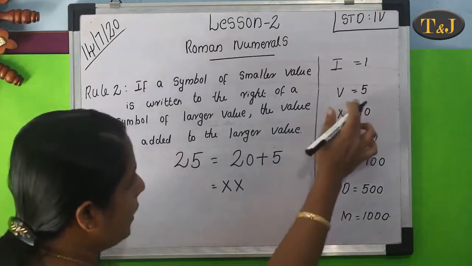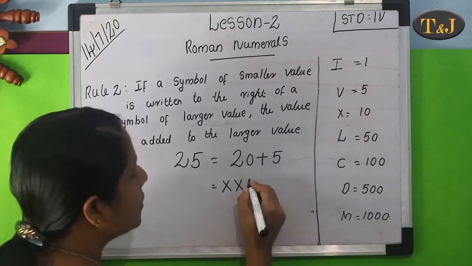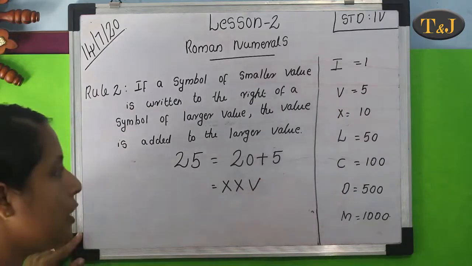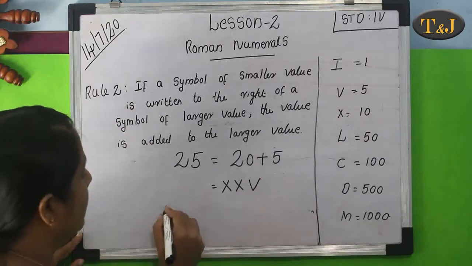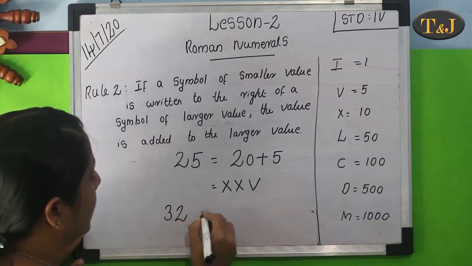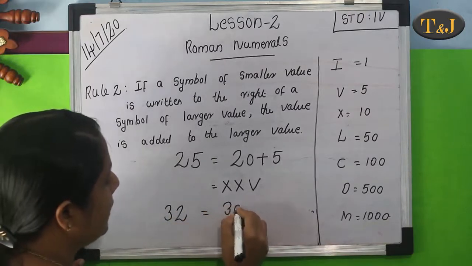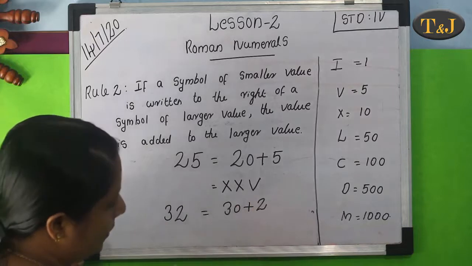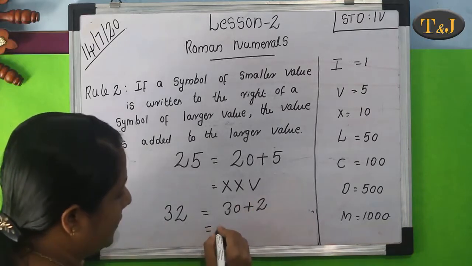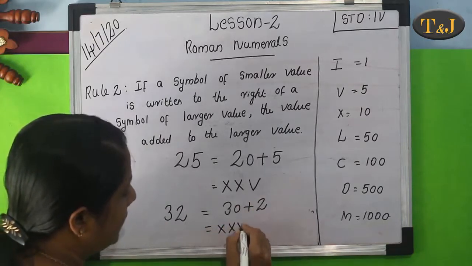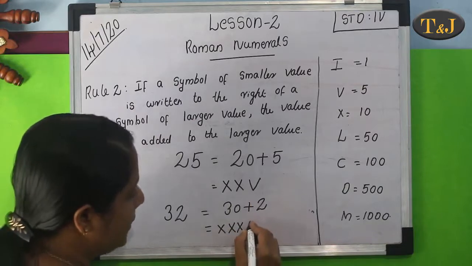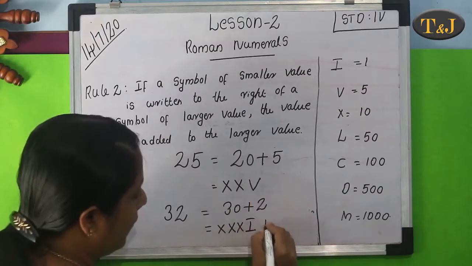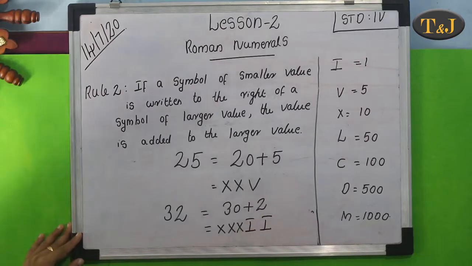Then in Roman numerals 5 equals V. So XXV equals 25. Next we want 32. 32 equals 30 plus 2. How can we write the number 30? That is XXX, then adding the number 2, that is II. So we write the number 32. Okay.